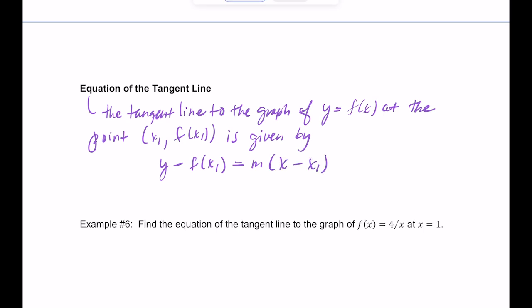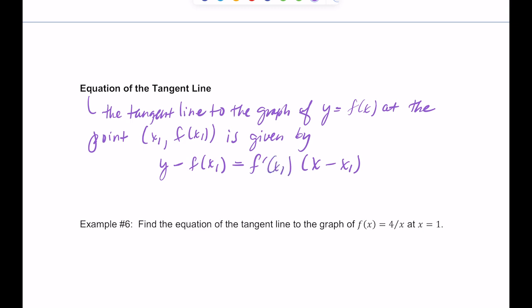And what is m? M is the slope. And what's the slope? It's the derivative. So I'm just going to get rid of this, slide this down, and it's the derivative at x1.